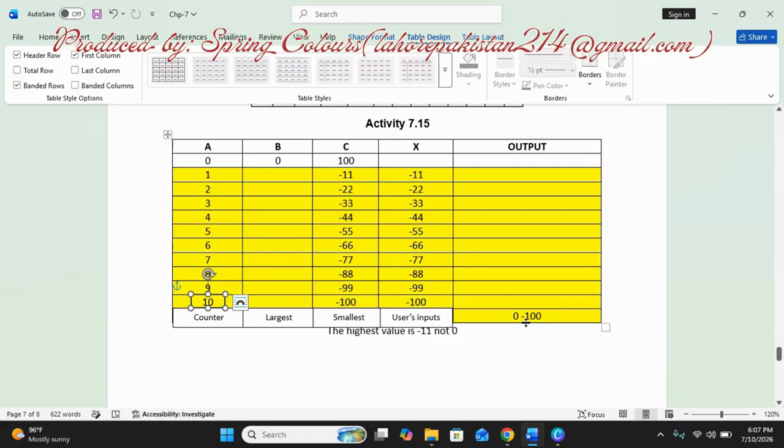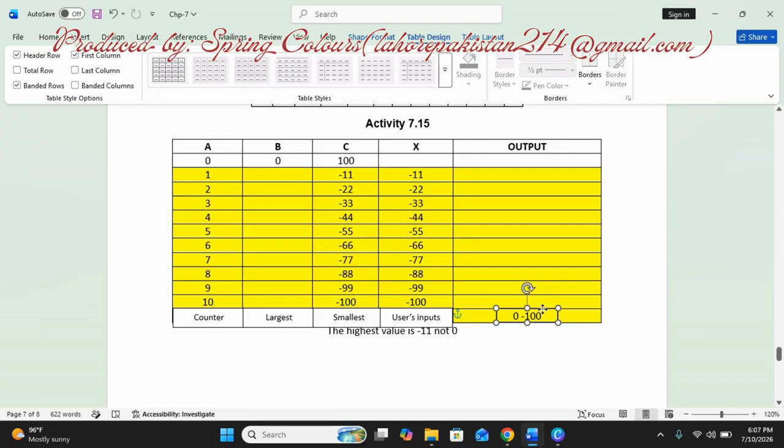The highest and lowest values will be shown to the user on screen. 0 will be shown as the largest value, and minus 100 will be shown as the smallest value. But this algorithm is incorrect.